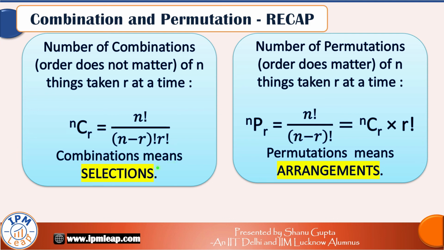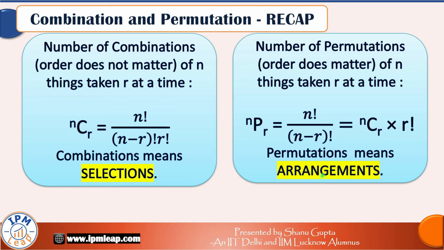Combinations means selections. The number of permutations, where the order does matter, of n things taken r at a time is NPr, which is equal to n factorial over n minus r factorial. And it is also equal to NCr into r factorial, as we saw in question number 10.